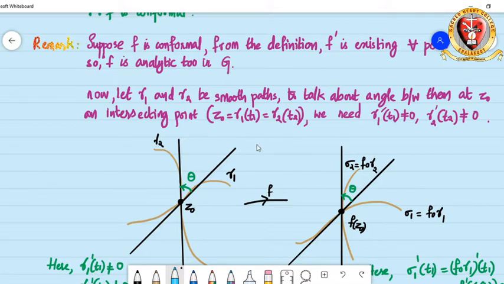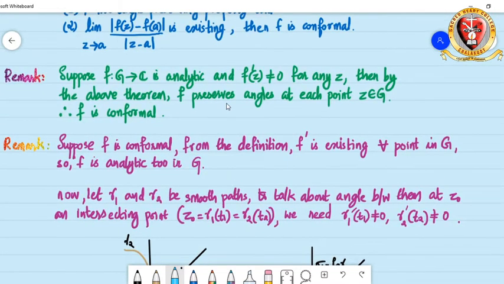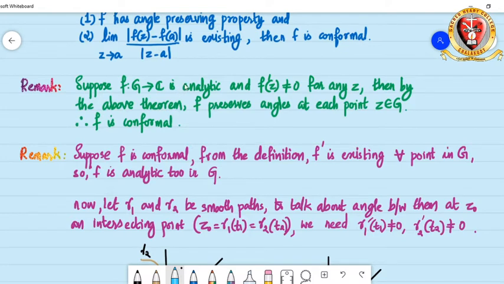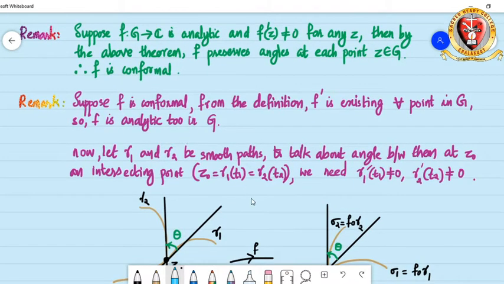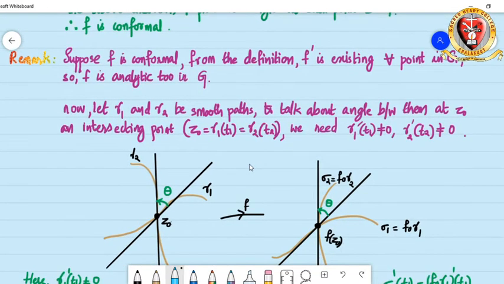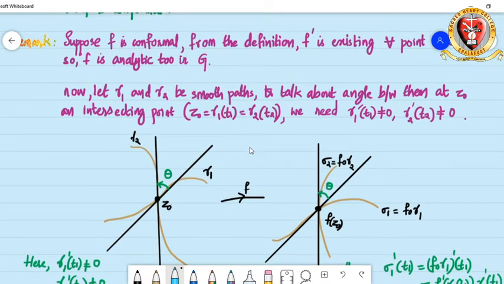That is the converse of the statement in the first remark, which said that if f is analytic and f dash of z not equal to 0 for any z, then f is conformal. In the second remark, we are going to prove that if f is conformal, then f is analytic as well as f dash of z not equal to 0 for any z. We know that f is analytic from the definition, and now we prove that f dash of z is not equal to 0 for any z.